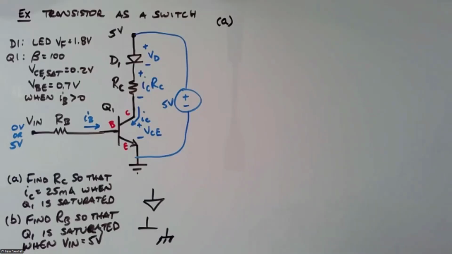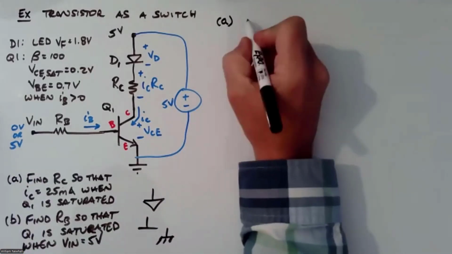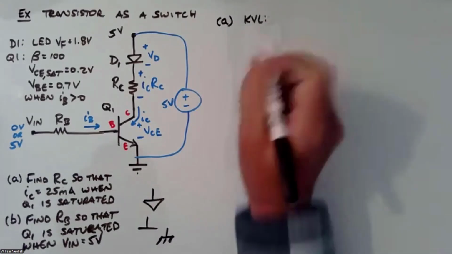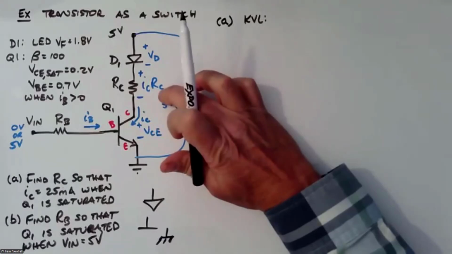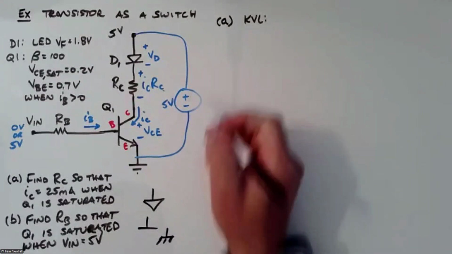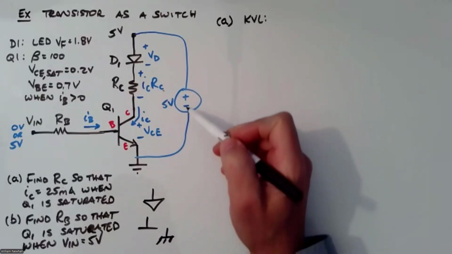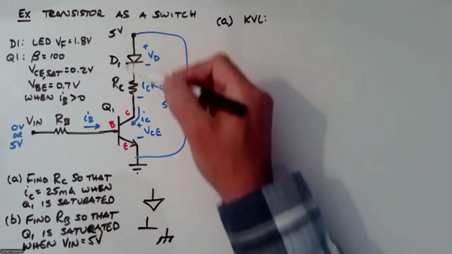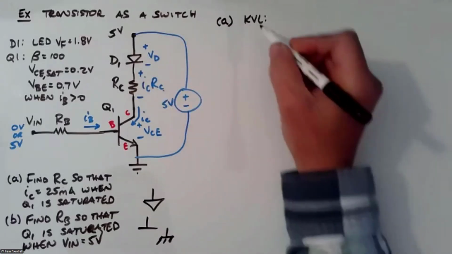All right. So let's write a KVL equation, try to solve for RC. You can start anywhere. I'm going to run a loop that goes around here, write an equation for that loop.